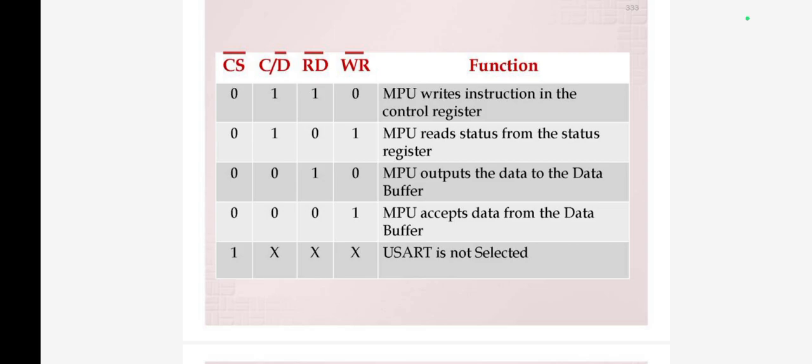In order to select the USART, the chip select bar active low signal should be made 0. Then, if the control word or data bit is 1, the microprocessor either reads or writes the instruction in the control register or from the status register.